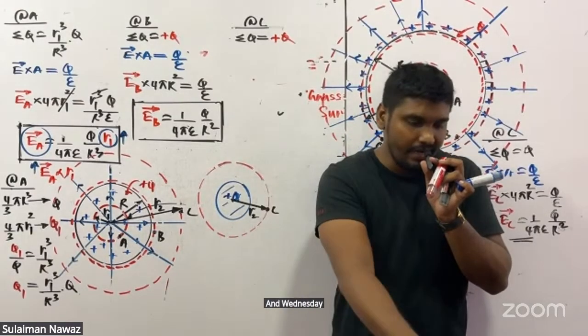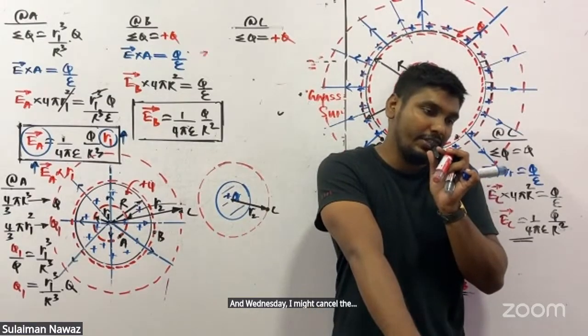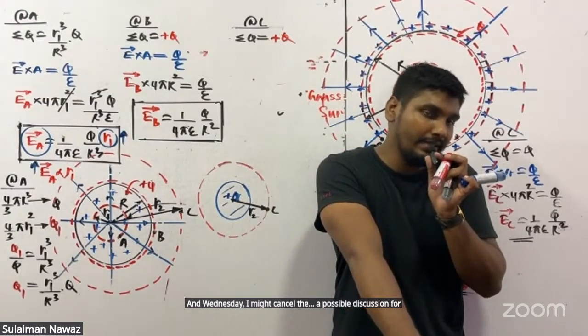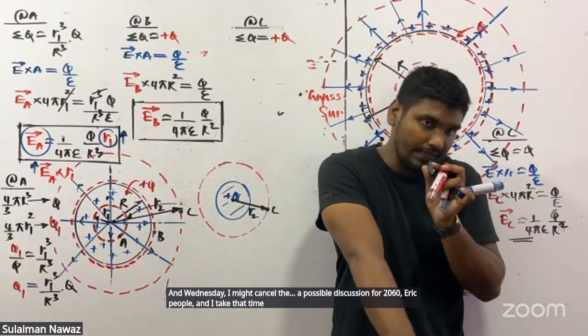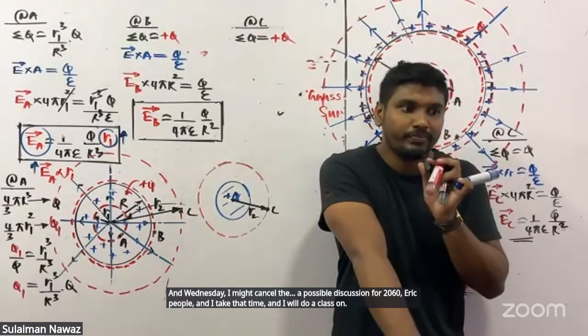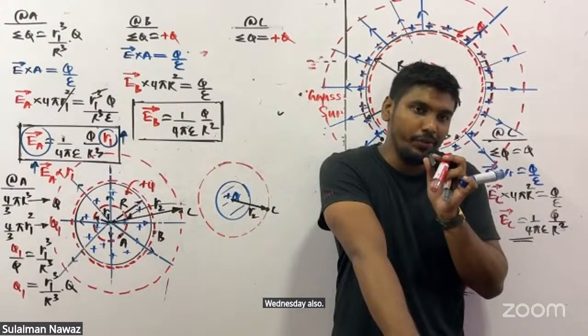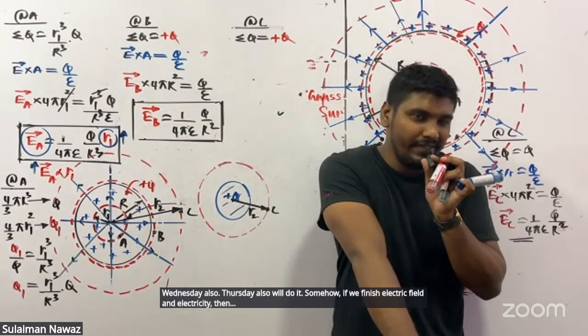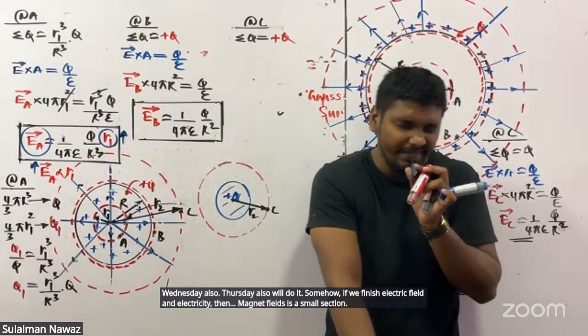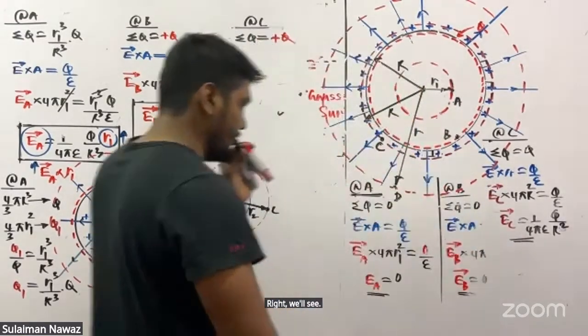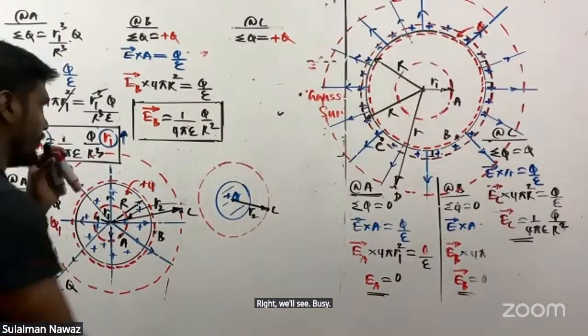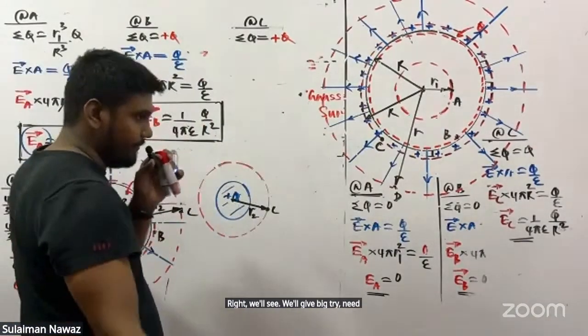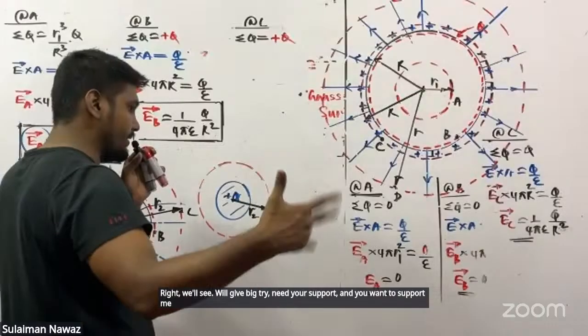Wednesday I might cancel the discussion for 26 theory people and do a class then. Thursday also we'll do it. If we finish electric field and electricity, then magnetic field is a small section, right? We'll see. We try, need your support, and if you support me, then only we can do nicely.